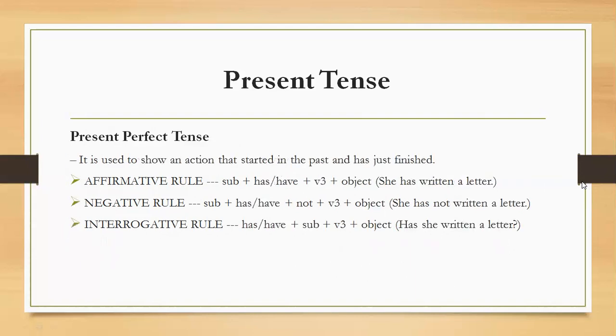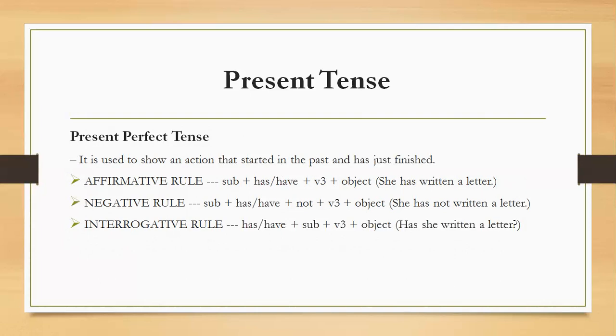Now we have present perfect tense. The present perfect tense indicates an action that has been completed sometime before the present moment with a result that affects the present situation. For example, he has finished the work. He has slept.